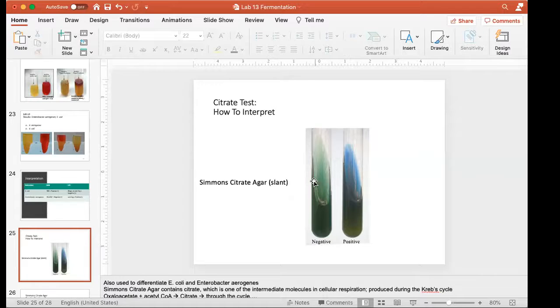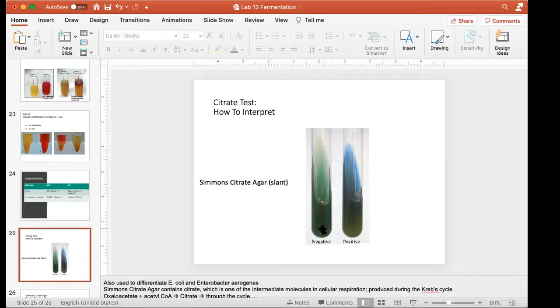Remember, slants give us this nice slanted diagonal surface for when we don't need individual colonies to grow. So we don't need a whole lot of surface area. We can take our cells and just smear them down that slanted agar. It's a common form of agar to use when you're doing biochemical testing like this.